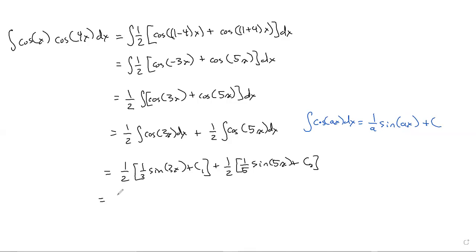And then we go through and do the arithmetic: 1/6 sine 3x plus c1 over 2, plus 1/10 sine 5x plus c2 over 2. Go ahead and combine our constants of integration.